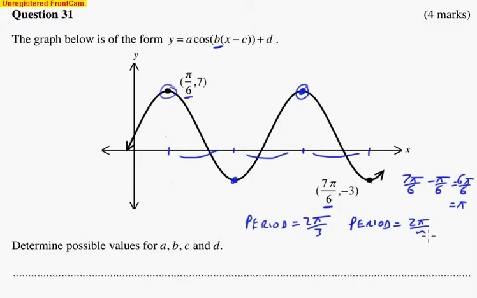Now in this equation, we use letter B, so instead of n I'll write B, and therefore 2 pi on 3 is 2 pi on B, and B then must be equal to 3. Okay, we've got the first thing, we've got the B. Now I've got A, C and D to go.